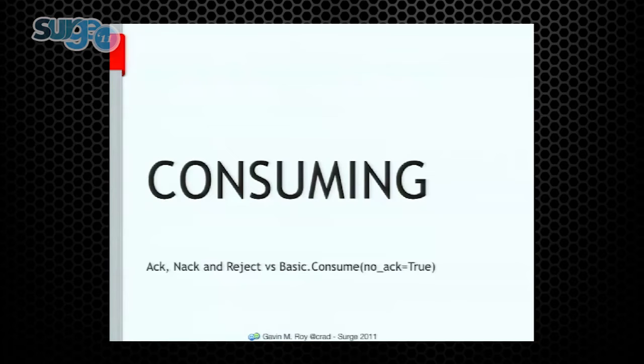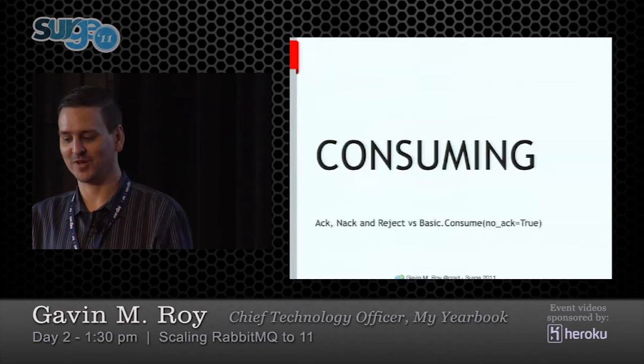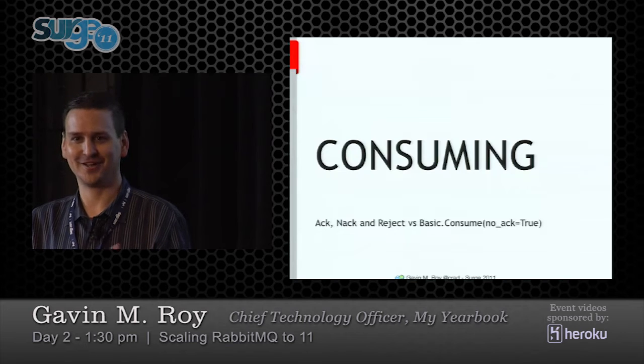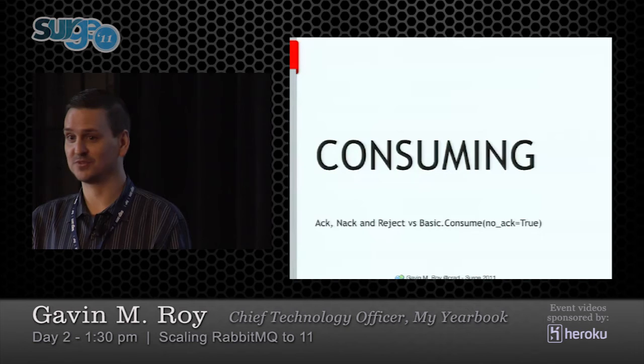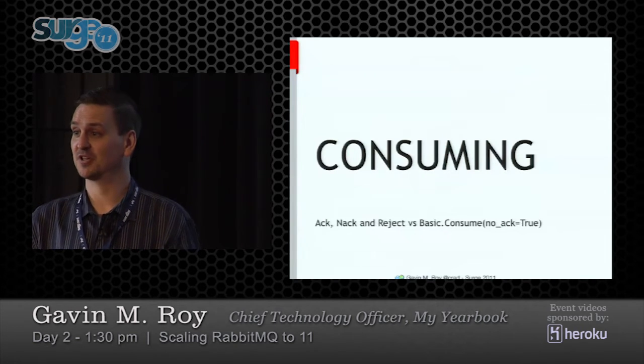And then consuming. Consuming has a scaling issue of its own. There are multiple ways that we can consume messages from Rabbit. We can do it the polite way, really, if you care about your data, you care about those messages the way that you should, which is Rabbit sends you a message, you receive it, you do what you're supposed to do with it, and then you say, hey, I got that message and I processed it.